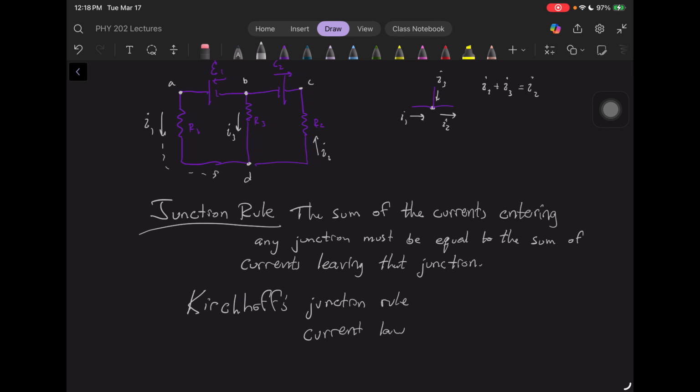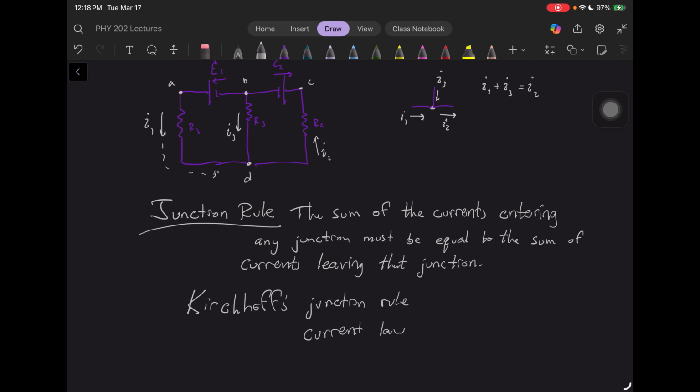We'll probably just call it the junction rule for simplicity, but you can also talk about it as Kirchhoff's. Okay, so that's that part.